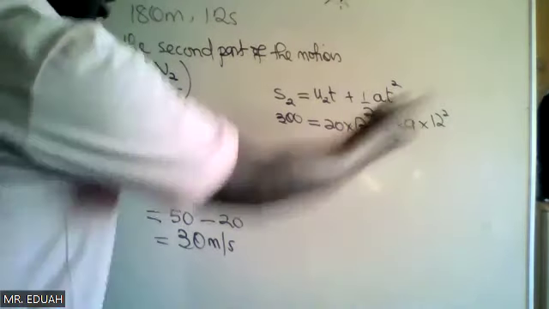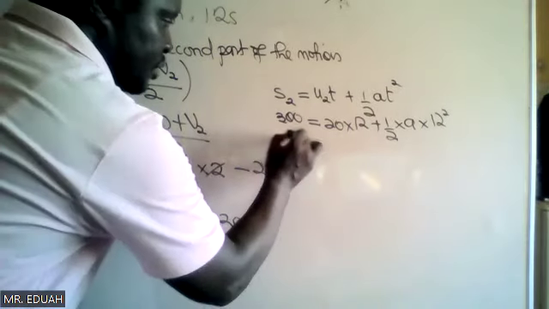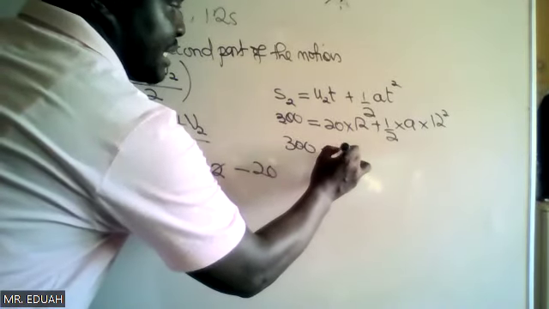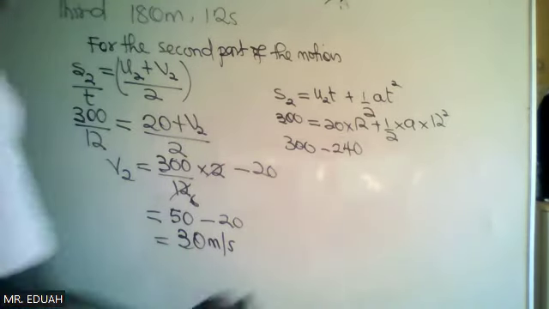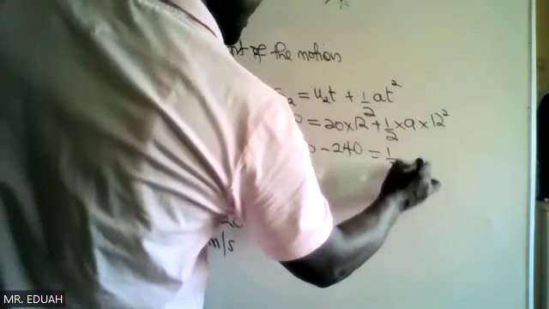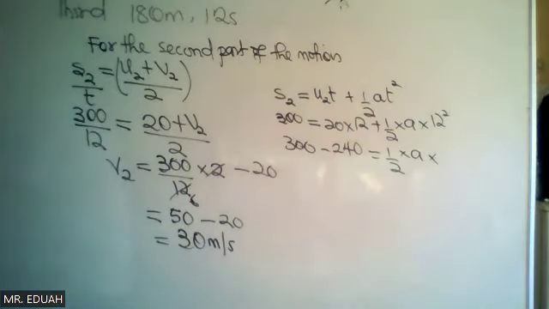Okay. So you can use this to find it. So 300 minus, this is 240, is equal to half times A. What is 12 squared? Is that 144? Yes, please. Divide that by 2.